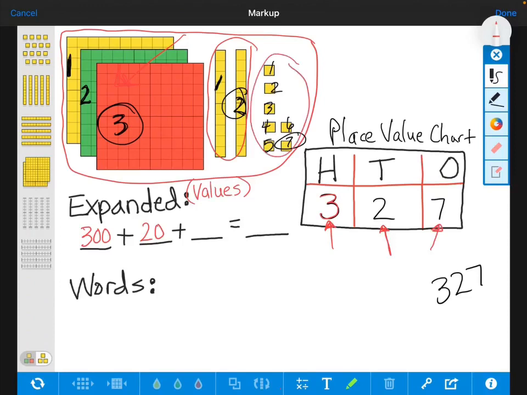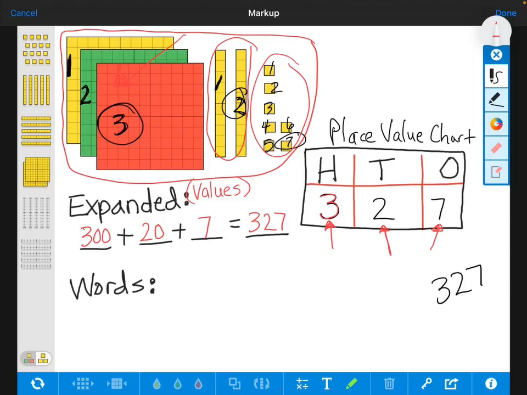I do have 7 ones. The value is 7, and so I can put that in my ones place. And when I add those values up, 300 plus 20 plus 7, I get 327, okay?